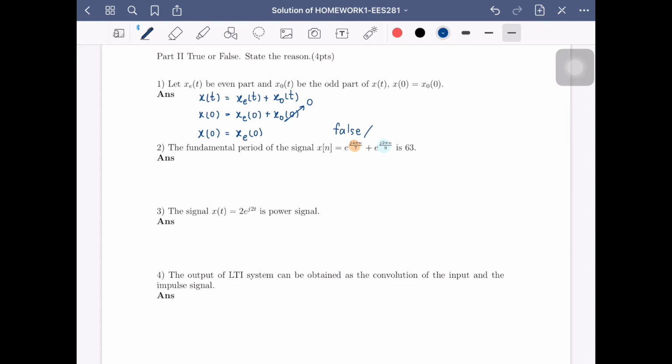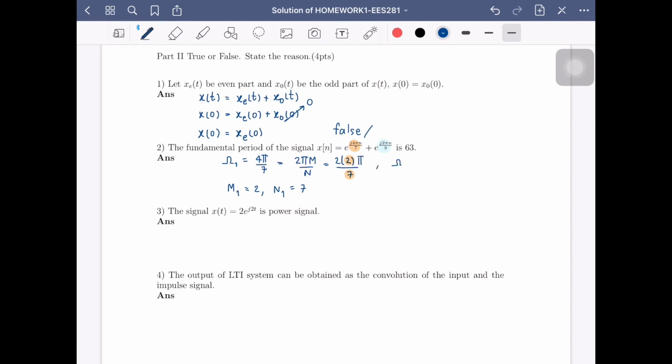Then we know that omega 1 is equal to 4 pi over 7, and we compare it with 2 pi m over n. Then we get m1 equal to 2 and n1 equal to 7, since it's equal to 2 times 2 pi over 7, right? So 2 and 7 for m1 and n1.